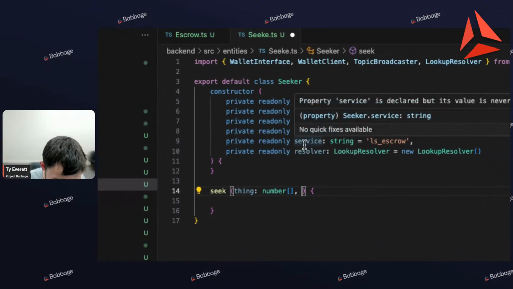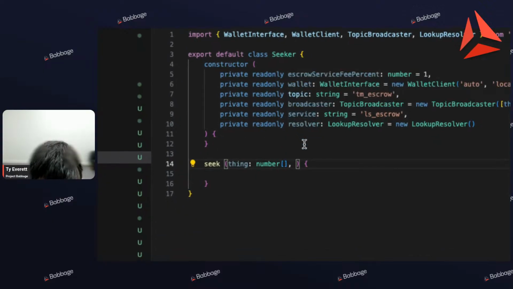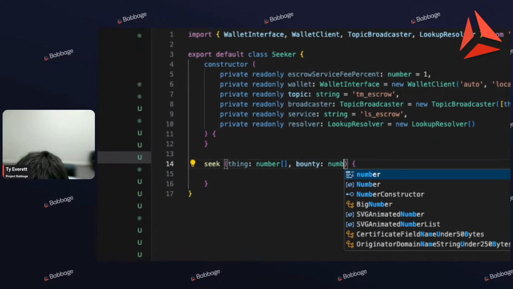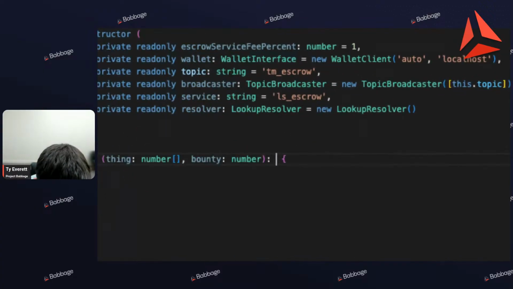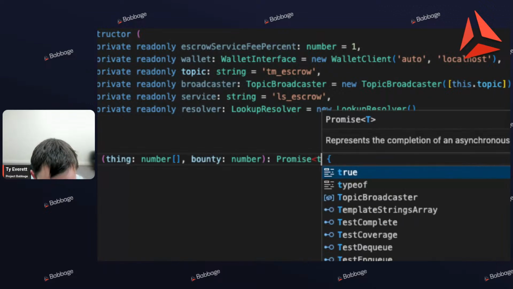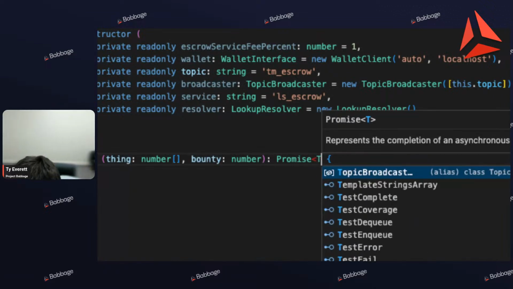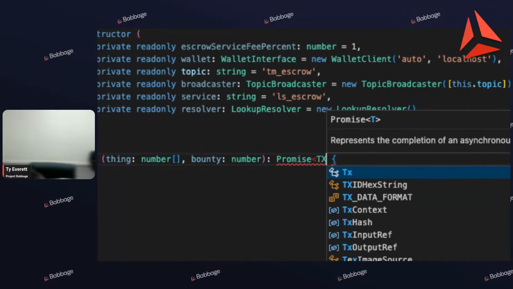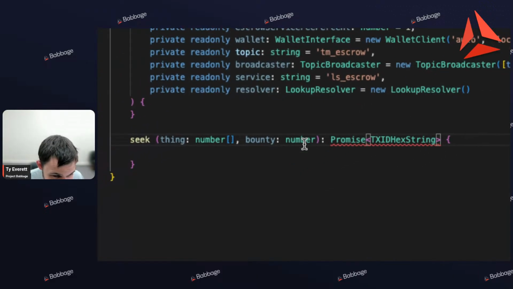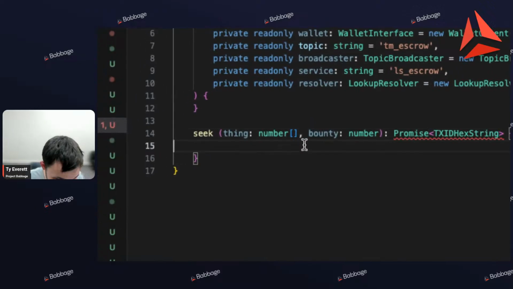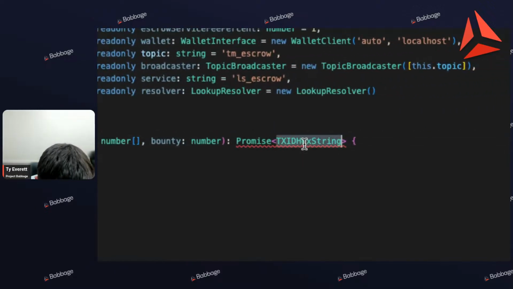And how much am I willing to pay? A number of Satoshis. Okay. And I promise that there will be a TXID hex string or even an outpoint string. Yeah, it should be an outpoint.